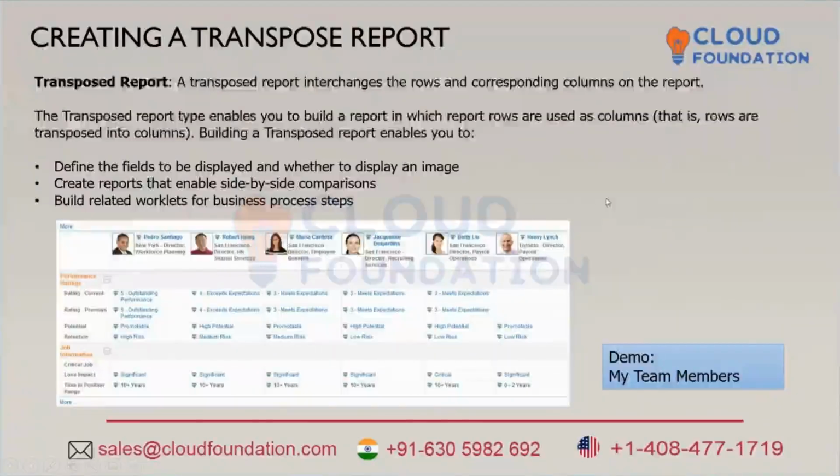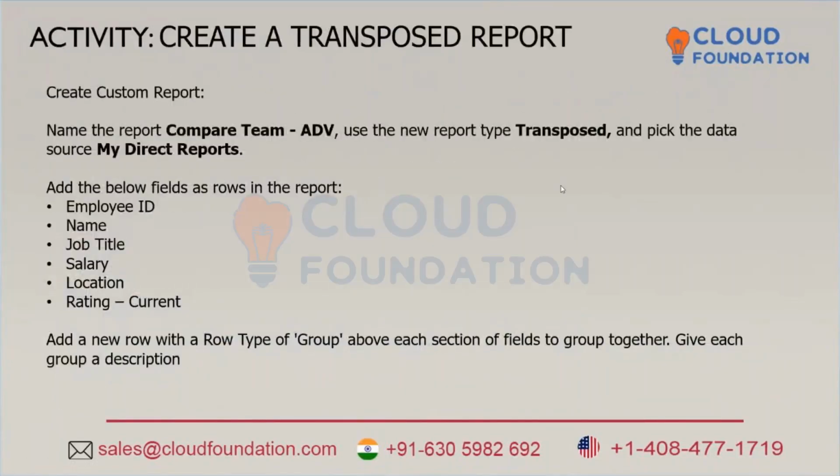Great. So yesterday we were looking into what the transpose report is, how the data looks like on the transpose report, right? So basically, it's interchanging the rows and columns. Now today we will try to create a transpose report using the following fields.